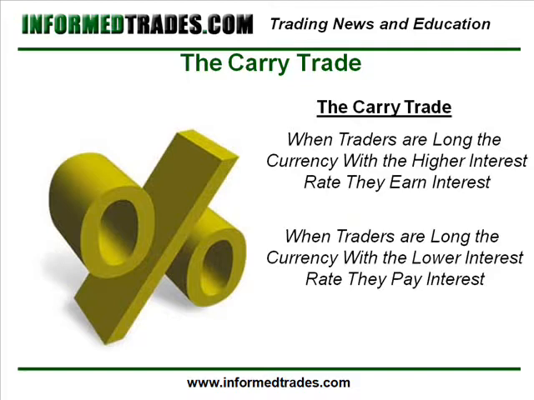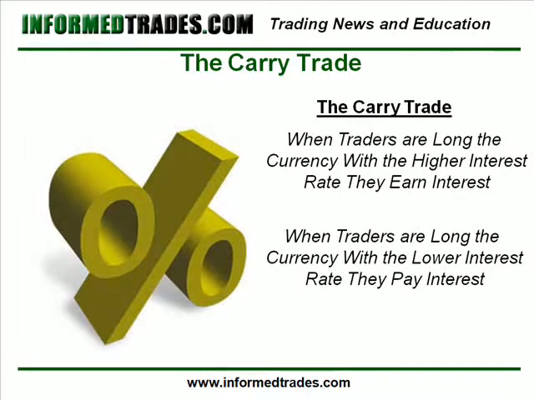Like the U.S. investor in the example from our last lesson who took his U.S. dollars and invested them in New Zealand bonds to earn a higher rate of return, currency traders can also take advantage of countries which offer higher interest rates. Luckily for us, however, taking advantage of interest rate differences between countries is generally much easier for currency traders, who can do so with a simple click of the mouse.